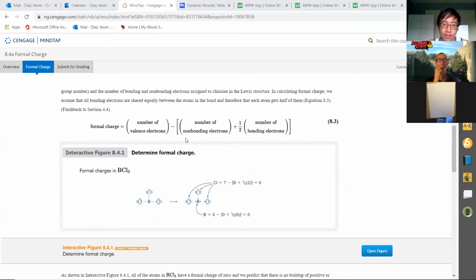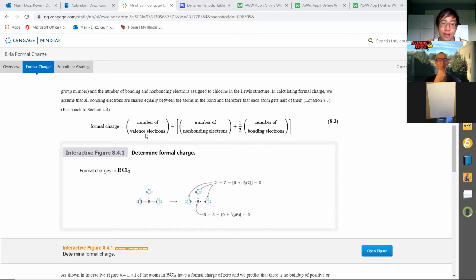And so formal charge, you're given this formal equation, but I kind of have a more informal way of thinking about and tackling formal charge in a problem.